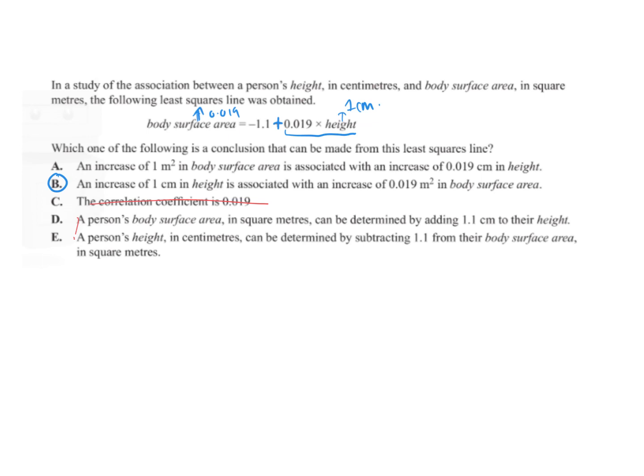We shouldn't really say something like a person's body surface. See how the top two say associated? We're not really saying associated in those last two. They're very generalized statements anyway. They're wrong, but they're generalized so we would get rid of them anyway. They don't have the wording that we like, all right?